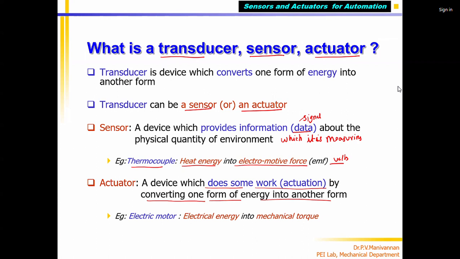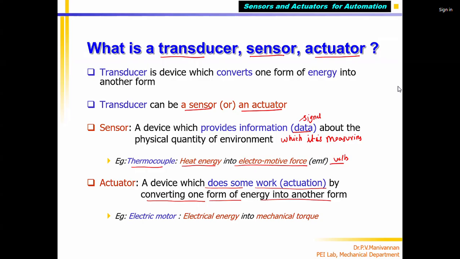In case of IC engine or a jet engine, we are feeding fuel. Fuel called chemical. When it is burned, the chemical energy is converted to heat energy, which in turn generates the torque or force, moving the piston or rotating the turbine or the gas turbine, which is going to provide the thrust or the torque to the wheels, correct?